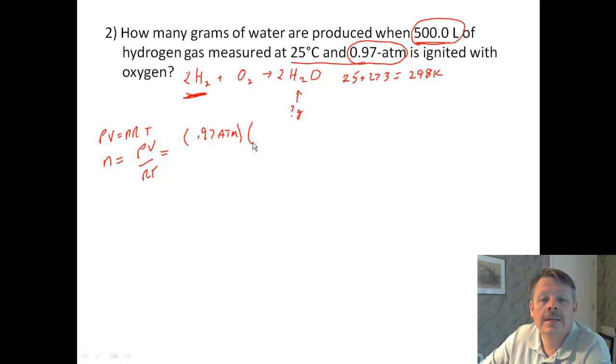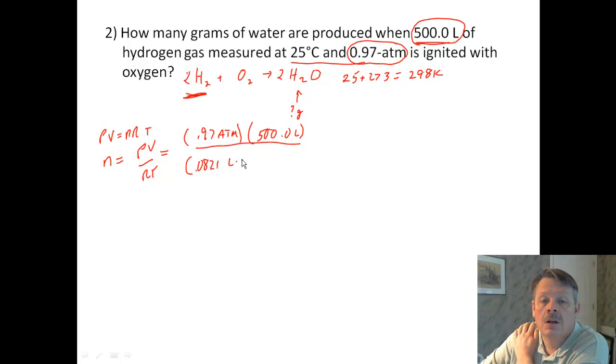Our volume is 500.0 liters, and our R constant, because this is liters, is 0.0821 liters atmospheres per mole Kelvin, and our temperature is 298 Kelvin.